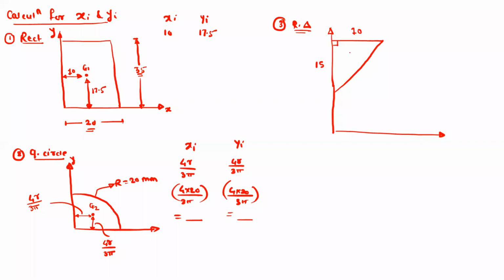If you refer the formula for the right angle triangle, refer the standard formula. In the standard formula, if this is your right angle triangle and this is x axis and this is the y axis, then this is the position of the center of gravity. This is the G, and this is the origin. This distance is the x coordinate.